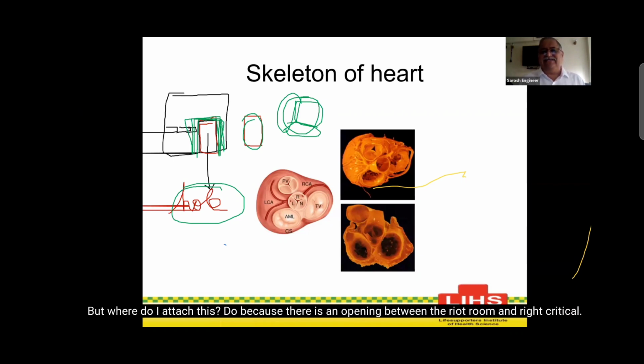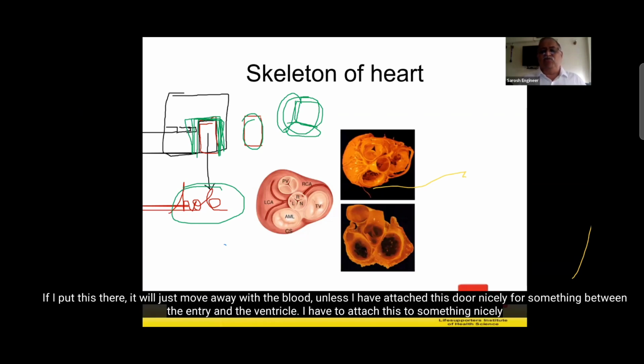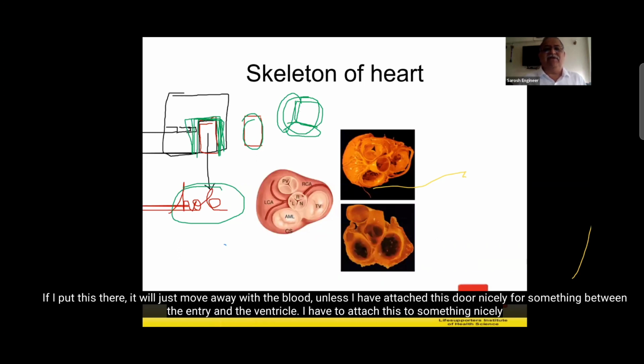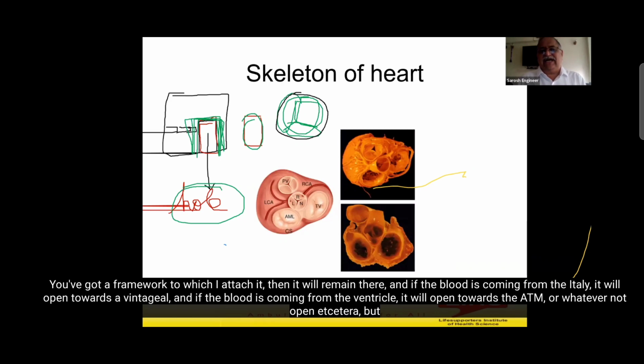But where do I attach this door? Because there is an opening between the right atrium and right ventricle. If I put this there, it will just move away with the blood. Unless I attach this door nicely to something between the atrium and the ventricle. If there is a framework to which I attach it, then it will remain there.